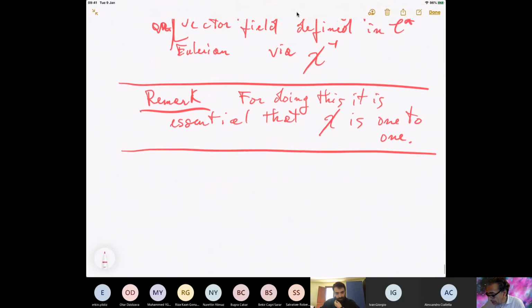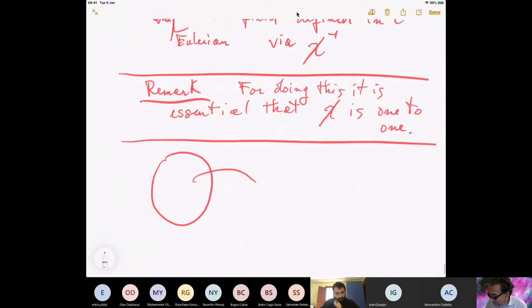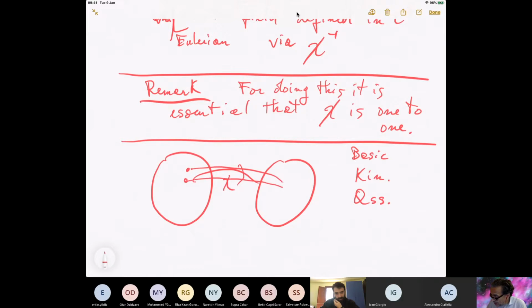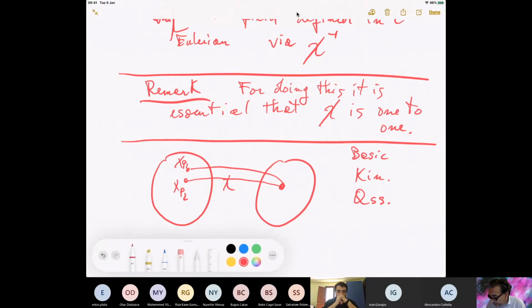If you remember, when we started discussing the basic kinematical assumptions, we said we are inventing a mathematical model in which two material particles, xp1 and xp2, cannot shrink to occupy a single point, a single position.